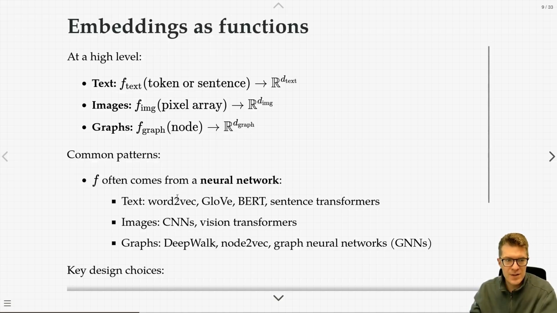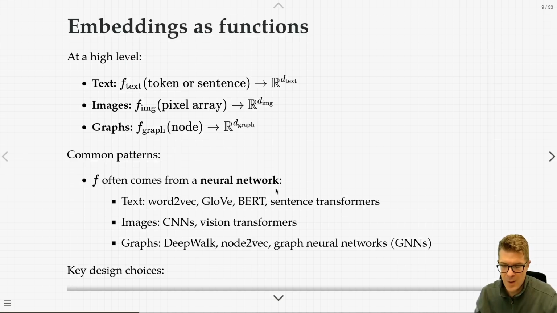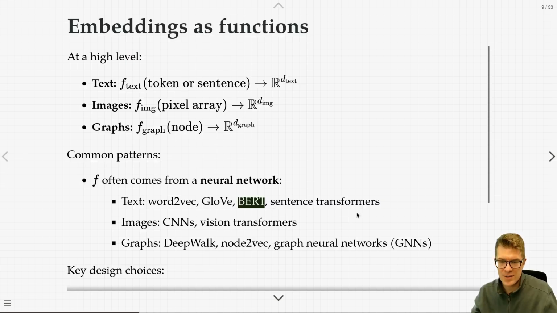Each of these functions often comes from a neural network. Neural networks are fantastic encoders. And over the years, various different kinds of neural networks have produced specialized embeddings in different modalities. We're going to see word2vec and GloVe a little bit today in this module. Later on, we're going to see BERT and sentence transformers as we get deeper into deeper models.